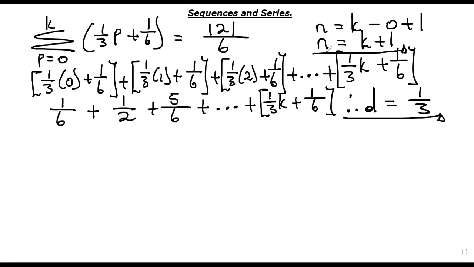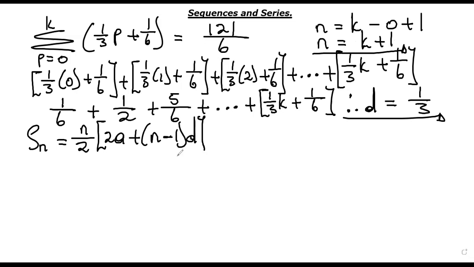So if I know the number of terms, I can easily find the value of k. Do you see that? So let's use the formula which I like. We say the sum of a number of terms equals n over 2 into 2a plus n minus 1 times d. This is what we have.